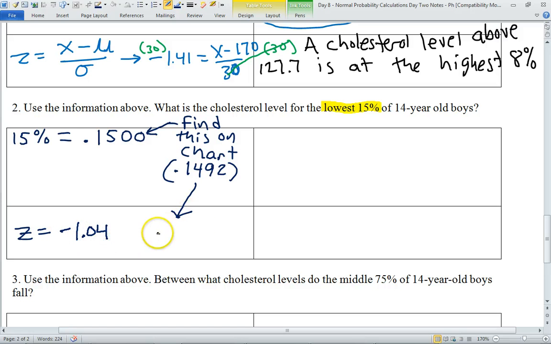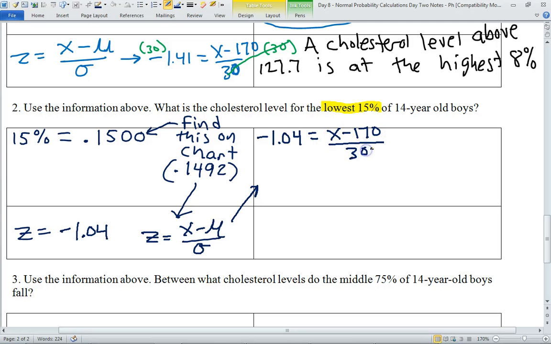Negative 1.04 is my z-score. Remembering that the z-score is always the value minus the mean divided by the standard deviation, this equation becomes negative 1.04 equals the value that we're looking for minus the mean, which is 170, divided by the standard deviation, which is 30.